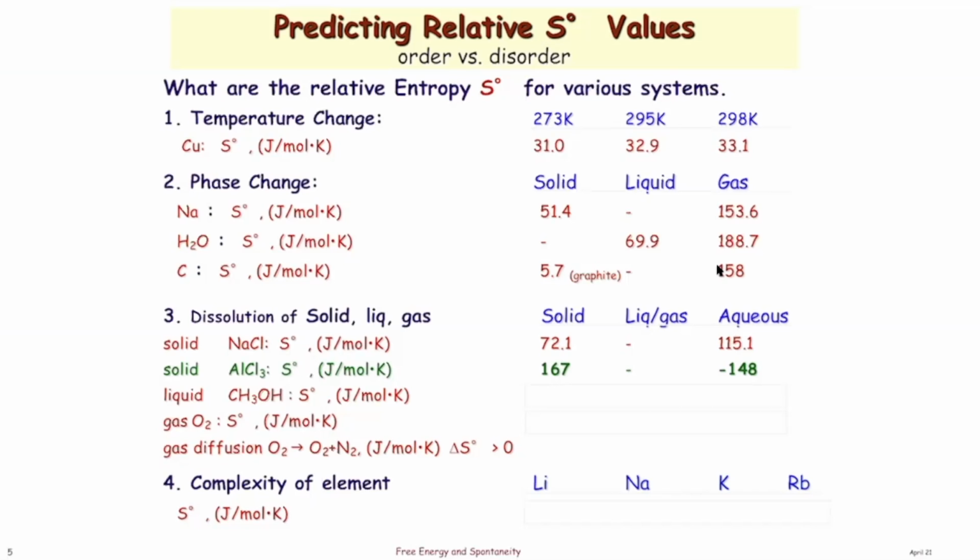In other words, when aluminum chloride dissolves, the product is actually more ordered. Why is that? The reason is the charge of aluminum. Look at aluminum, it's +3. A +3 cation is going to demand that the surrounding water is highly ordered. Because it's highly ordered, there's more organization there, to a higher degree than just sodium chloride alone.